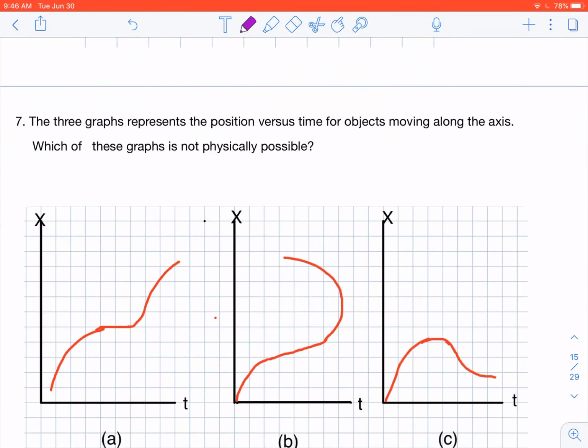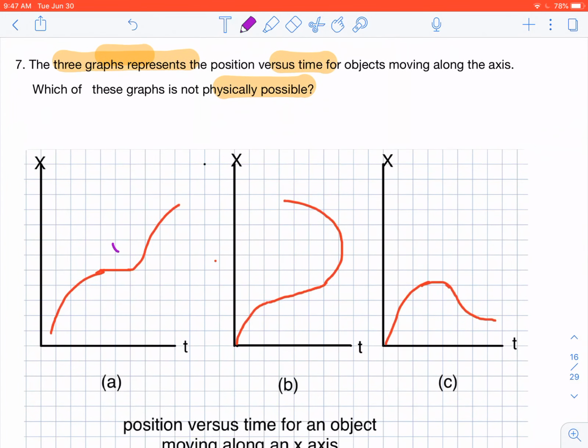Let's go to the next one. It says here, you're given 3 graphs versus time for objects moving along the axis. Which of these graphs is not physically possible? So if we look at this here, you have the position changing with respect to time.